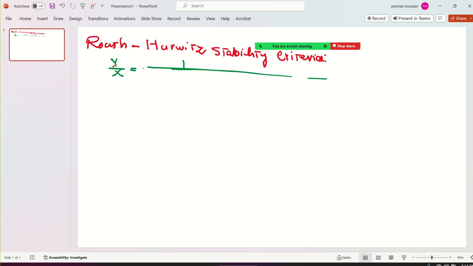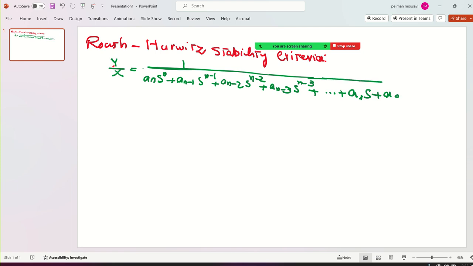It can be an nth order system like 1 over a_n s^n plus a_(n-1) s^(n-1) plus a_(n-2) s^(n-2) plus a_(n-3) s^(n-3) and so on, plus a_1 s plus a_0.